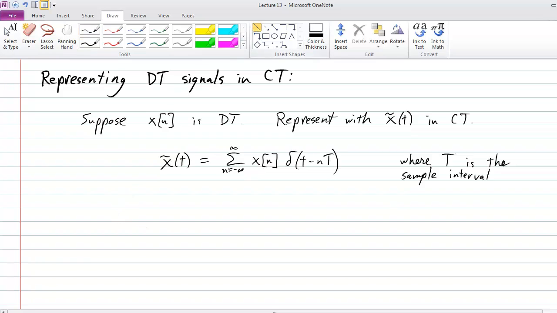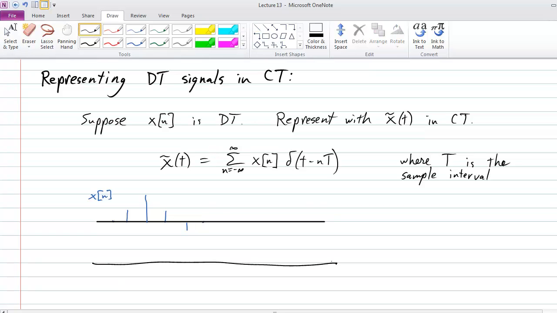Here was, let's say, something like that. In discrete time, this was x[n]. And in continuous time, we're just representing that as delta functions.